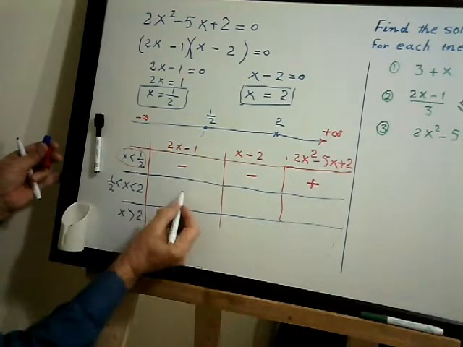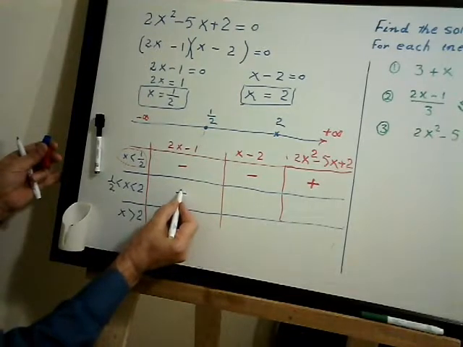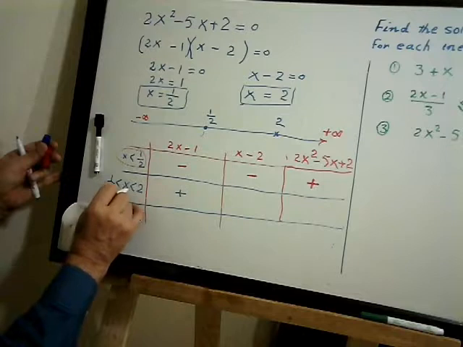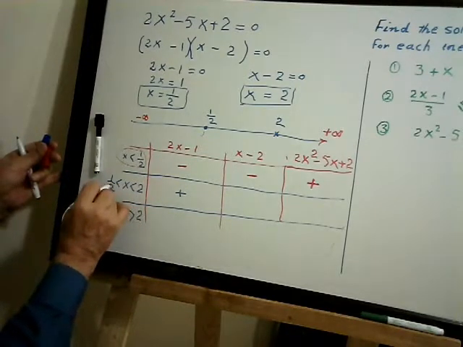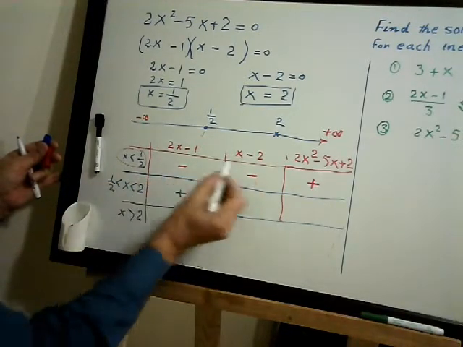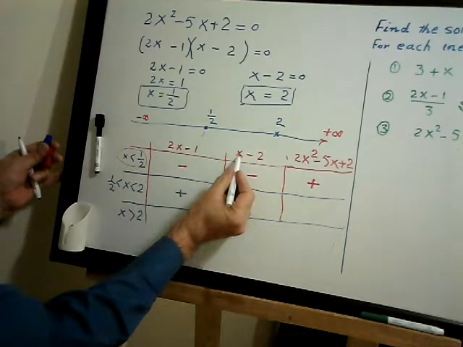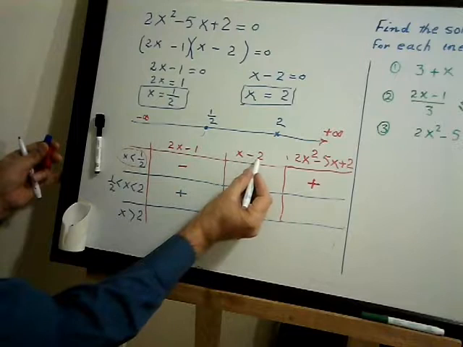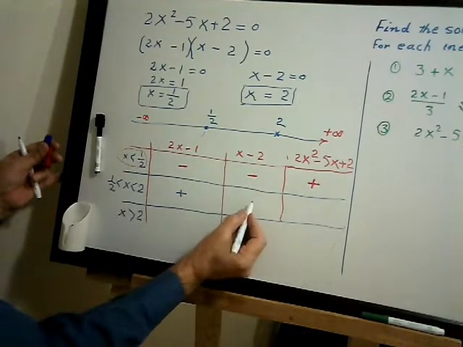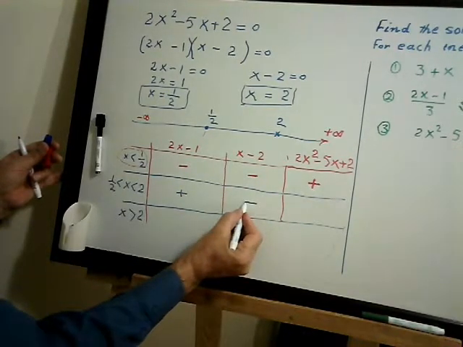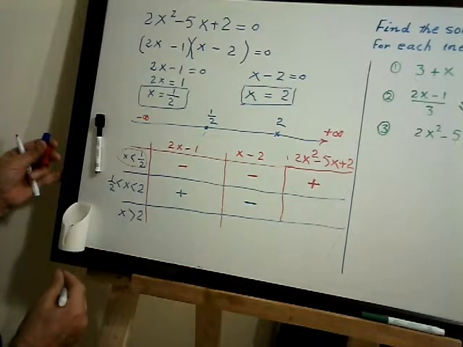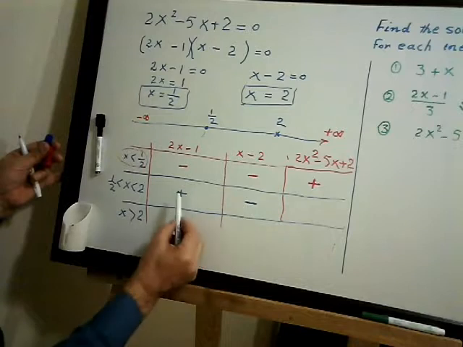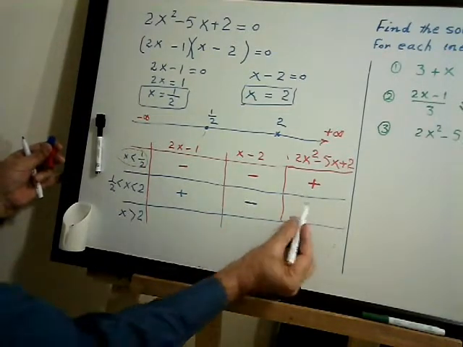So here the sign will be plus. Again, with the same number 1, substituting for x here, 1 minus 2 means minus 1, so it's negative. Multiplying positive by negative gives negative.